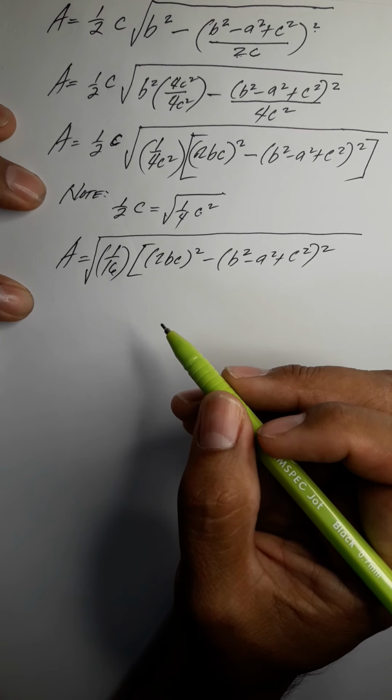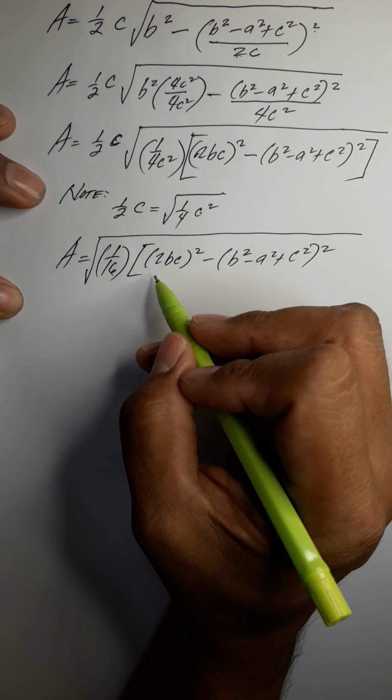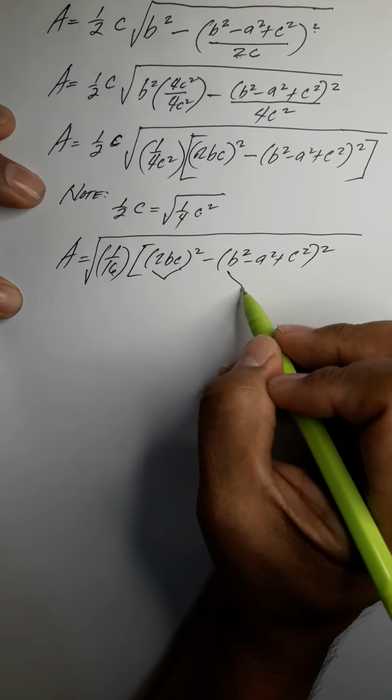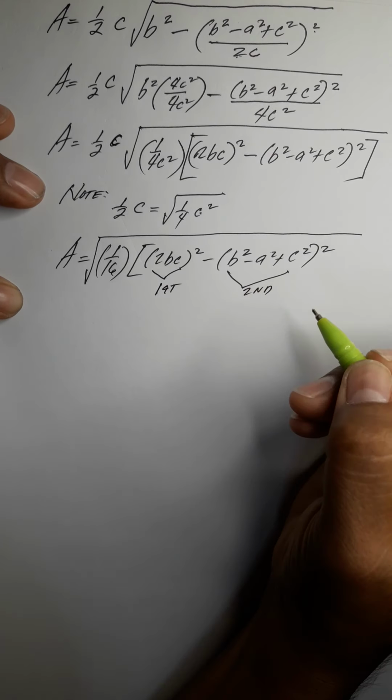Now from the difference of two squares, you will notice that this and this are actually our first and second term.